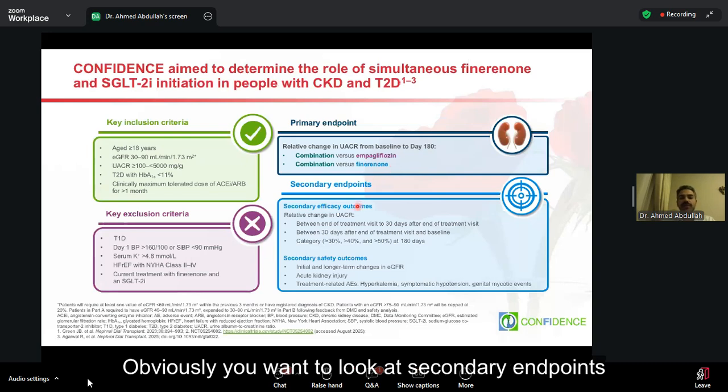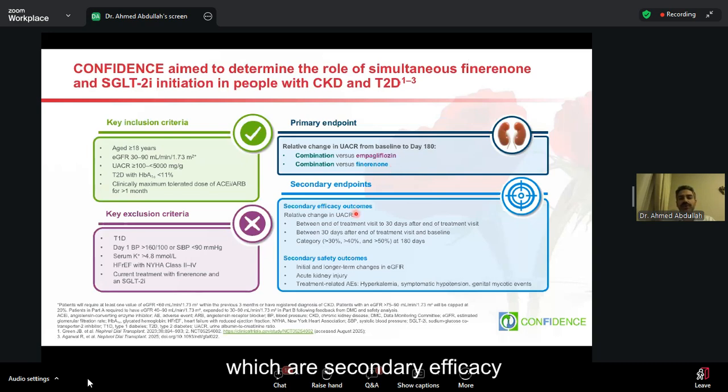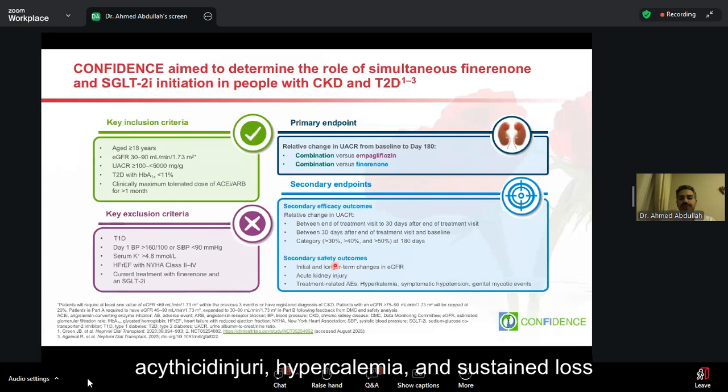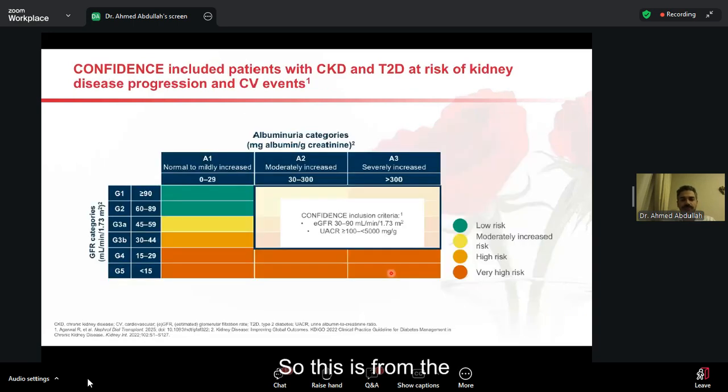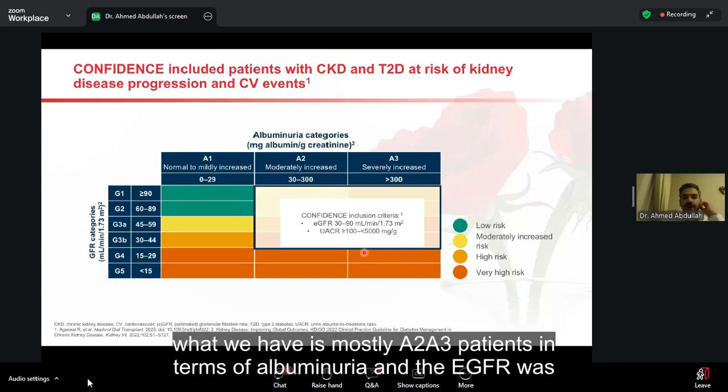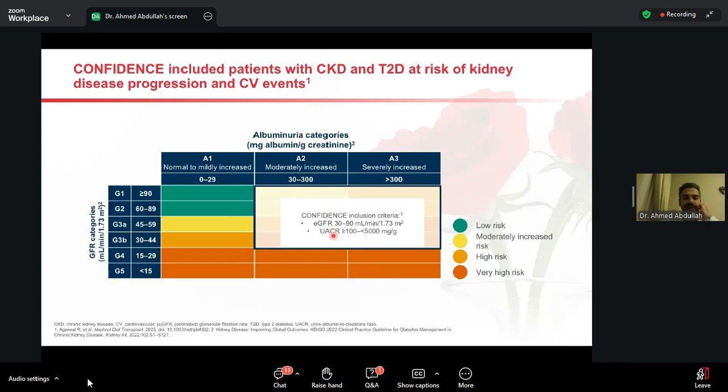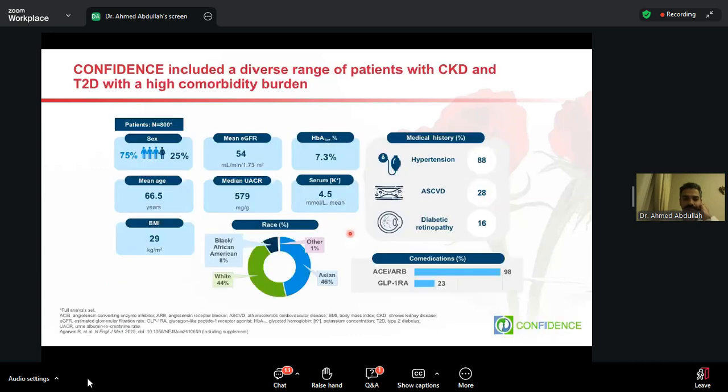Now, obviously, you want to look at secondary endpoints, which are secondary efficacy, but more importantly, safety outcomes: acute kidney injury, hyperkalemia, and sustained loss of eGFR. From the patient population, we have mostly A2, A3 patients in terms of albuminuria, and the eGFR was ranging from 30 to around 90 ml.